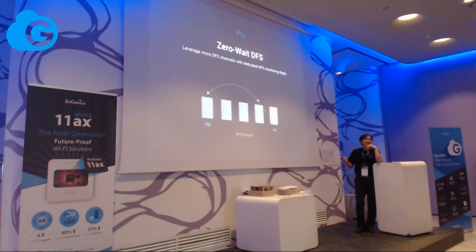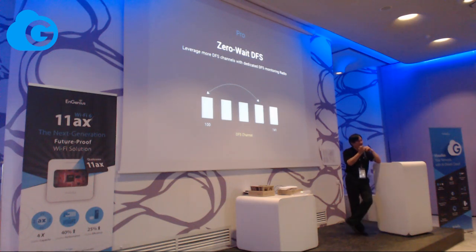If we have this dedicated scanning radio, we can keep monitoring the other DFS channels. And when the current channel I'm using has some problem, for example when some DFS user wants to use it, I can immediately transfer to another available DFS channel. So you can just swim between those available DFS channels. It will be very useful for increasing your performance.